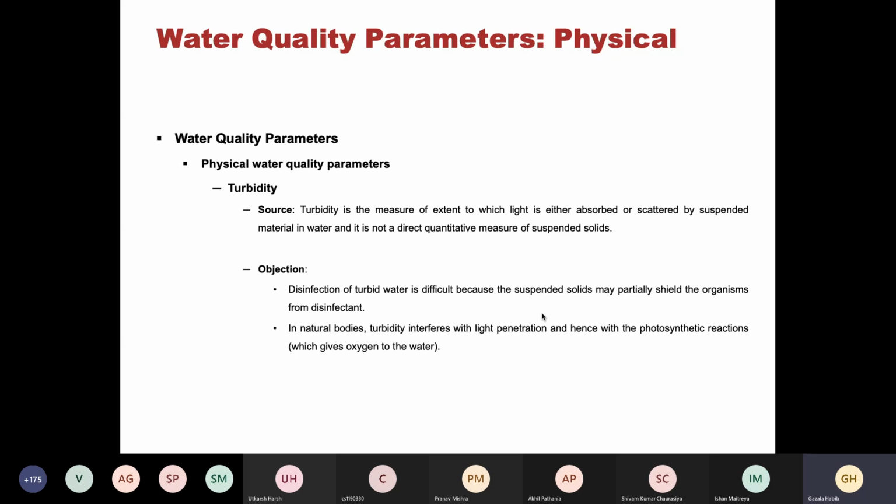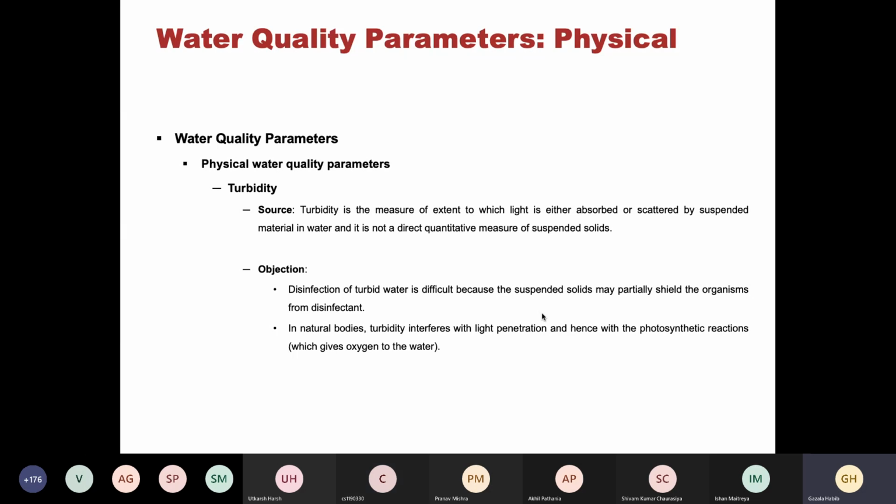So once we know the amount of the suspended solid, we can design the different water treatment units which can remove this suspended solid. So that is why the water sample should be analyzed in the laboratory to know the concentration of suspended solid.